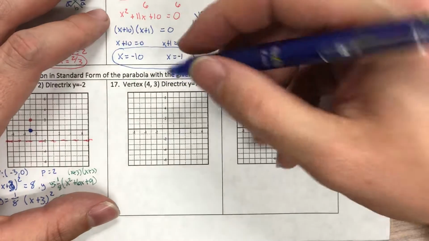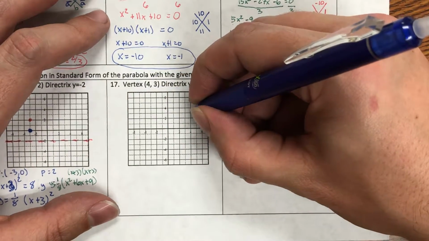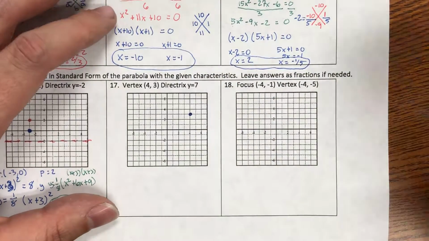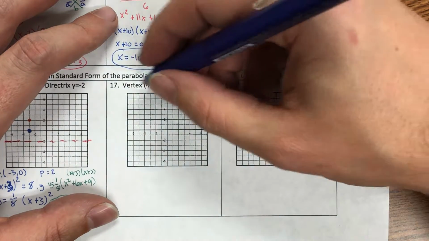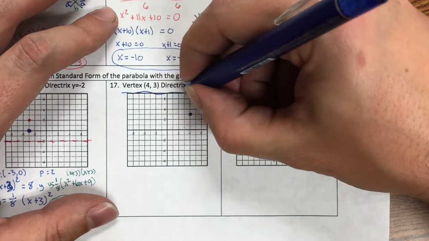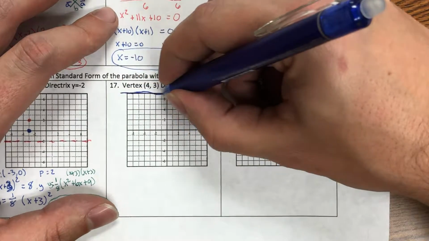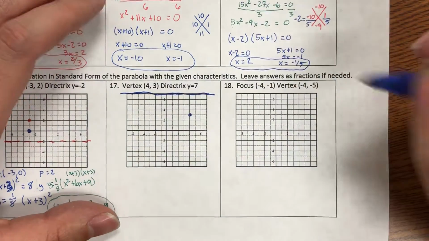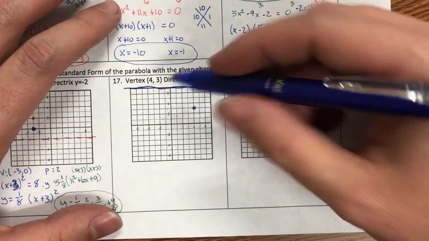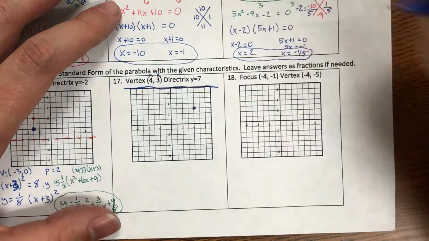Looking at 17, I have a vertex of 4, 3, and my directrix is y equals 7. That is the top of our grid here. So I already know my vertex. That will give me my h and k.